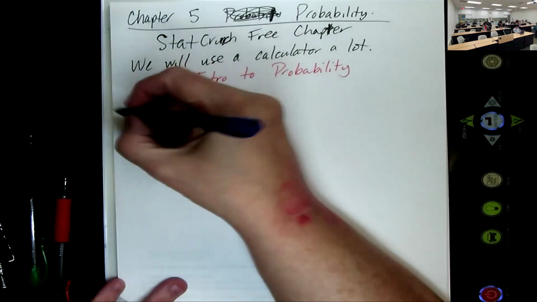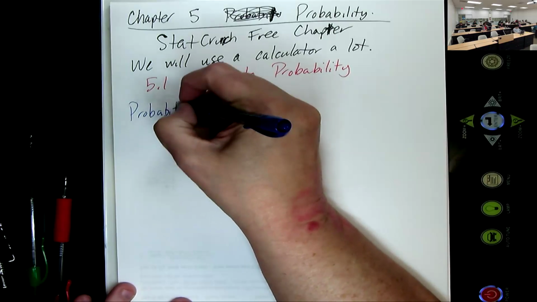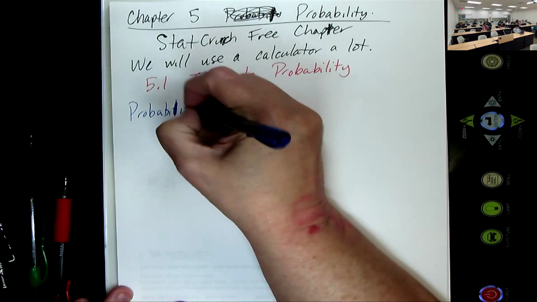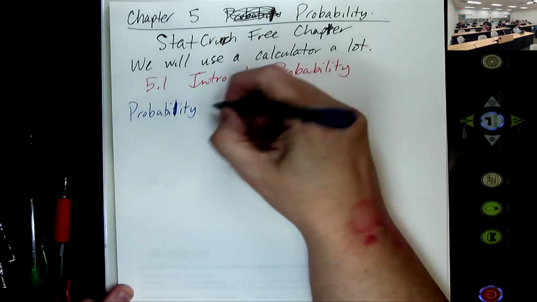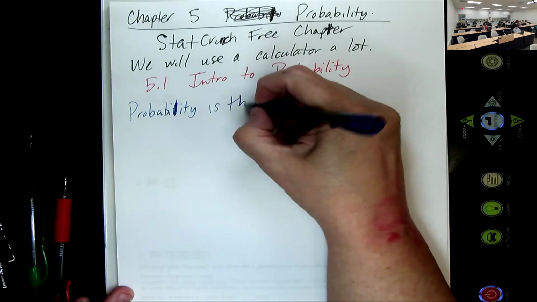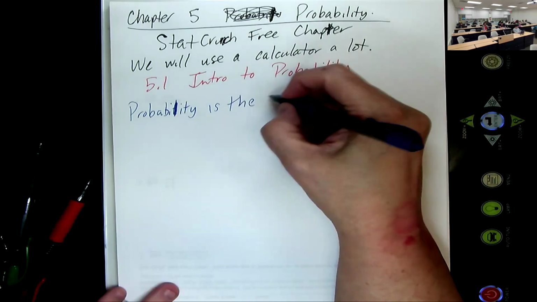So let's give you the definition. Probability, if I can spell it. Oh wait, it is Thursday night, tomorrow is a day off, so I get why I'm trying to go faster.